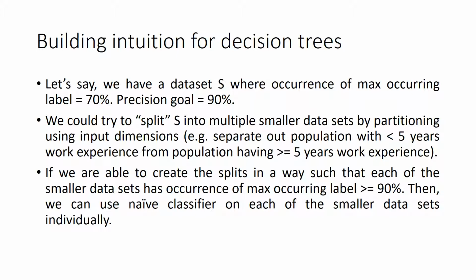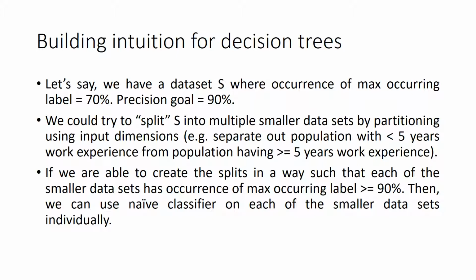If we are able to create these splits in such a way that each of the smaller data sets has an occurrence of the max occurring label greater than or equal to 90%, it could be 90% true, it could be 90% false.